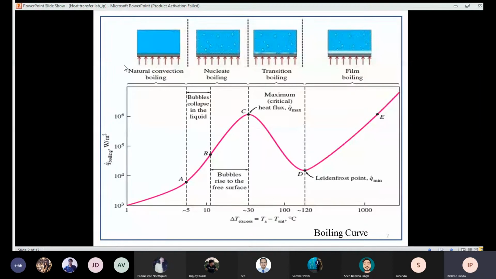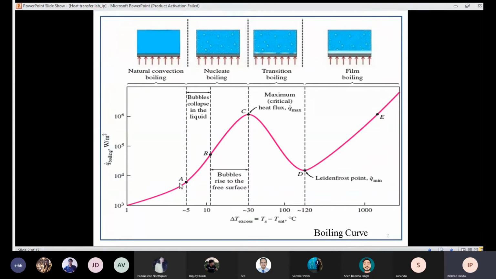You all know that natural convection is associated with rather low heat transfer coefficients, so the amount of heat lost from the wire would be small. So boiling starts with natural convection. These are representative values, depending upon which liquid and which solid is in use, so you don't put too much emphasis on these values. We are rather interested in the trend of the boiling curve.